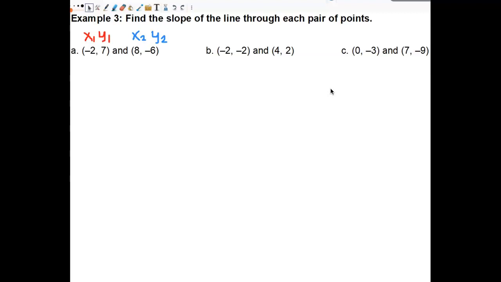So to find the slope, it's y2 minus y1 over x2 minus x1.